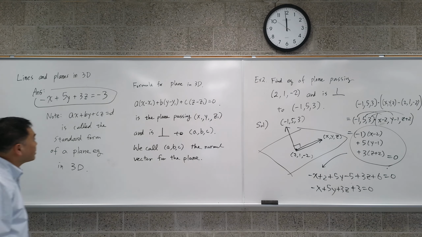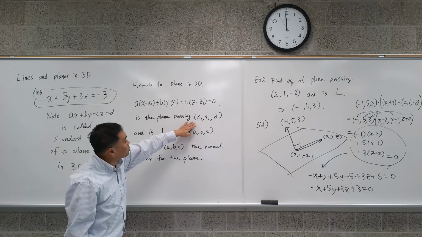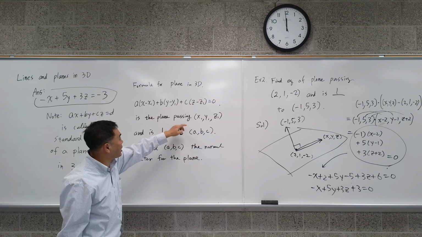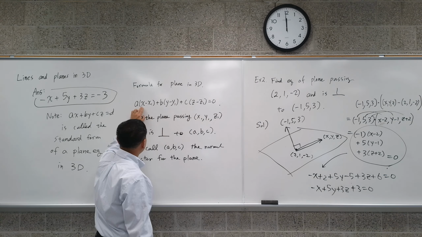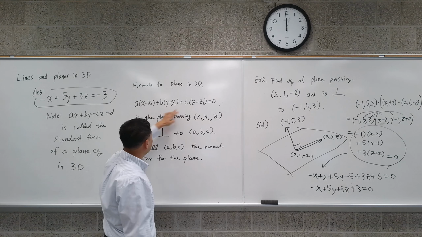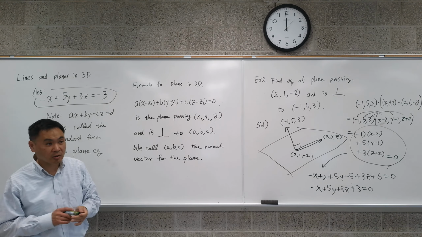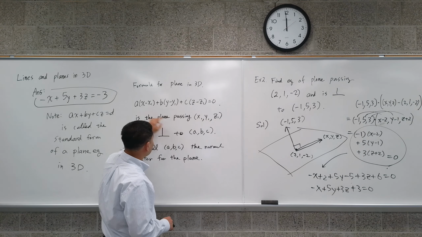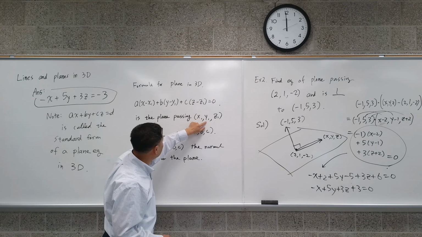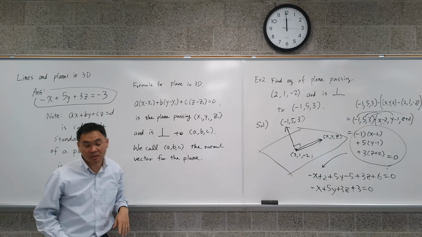Okay? And then it's easy to check that x1, y1, z1 is a point on this graph, because if you plug in x1 into x, y1 into y, z1 into z, what do you get on the left side? Let me ask the question again. If you plug in x1 into x, y1 into y, z1 into z, what do you get on the left side? 0.